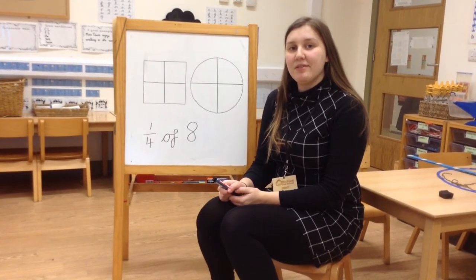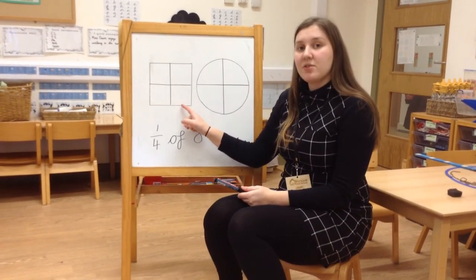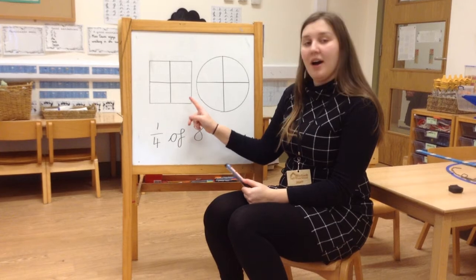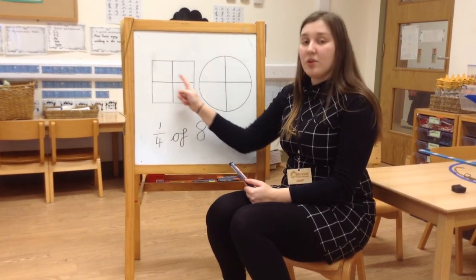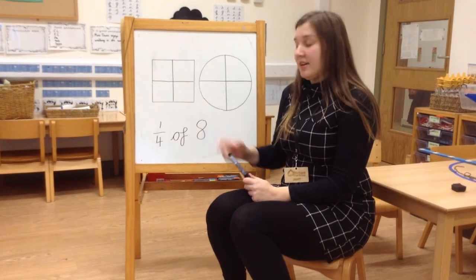Let me show you how to do this using pictures. We are going to use our square again. Remember, our square is split into quarters because it has 4 equal parts.